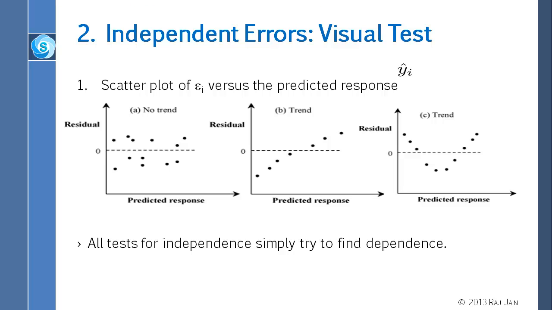Now when you look at this graph, this looks pretty random to me. Okay, when you look at this graph, this doesn't look pretty random to me. When you look at this graph, it doesn't look very random to me. Right?